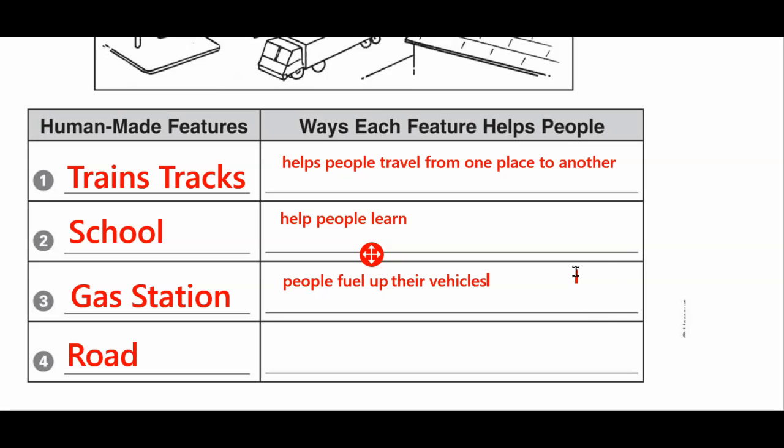Okay. And how about the road? Riley? Okay. People drive their vehicles on it and travel to places.